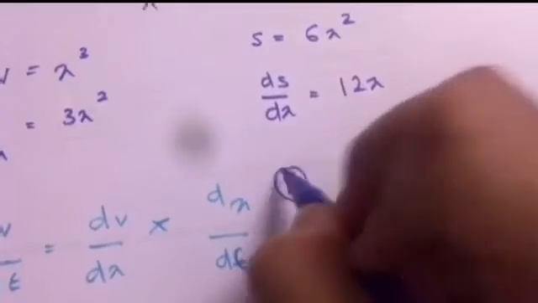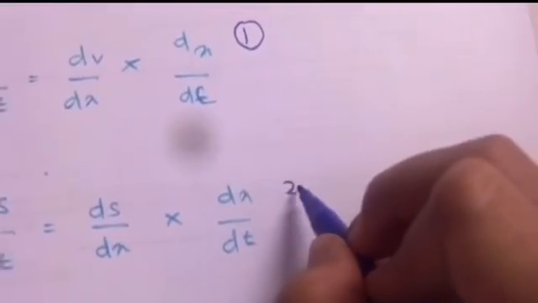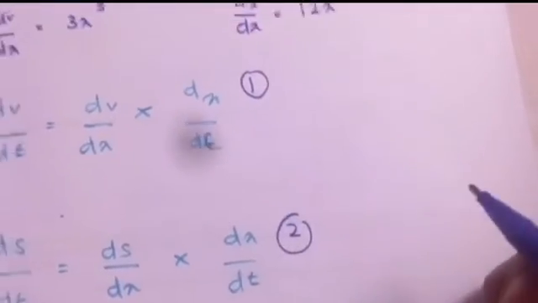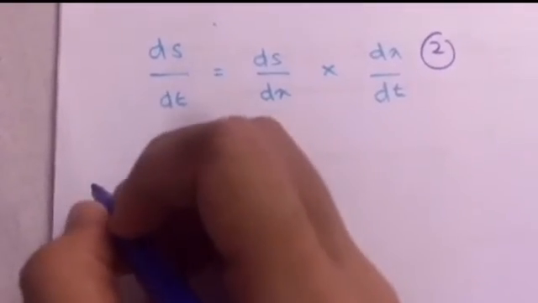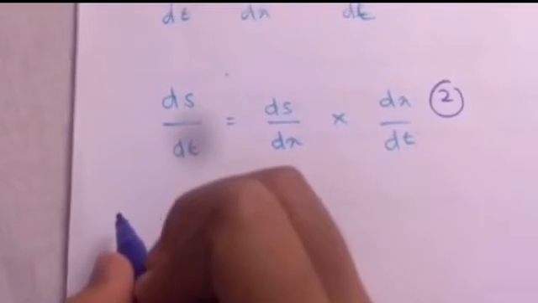So here are the two equations, this is the first one and this is the second one. We rewrite what we got so that it becomes more clear.